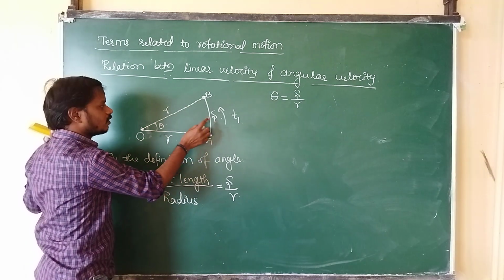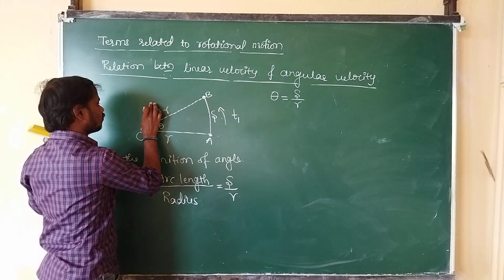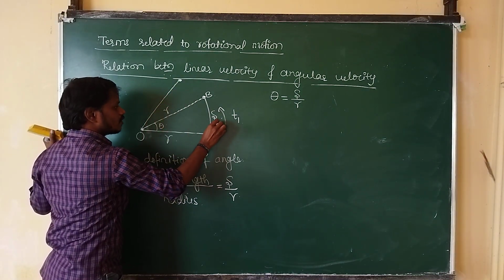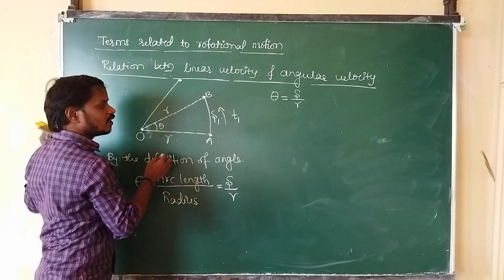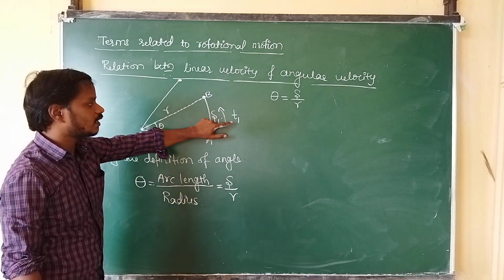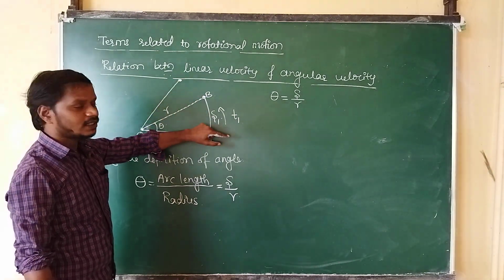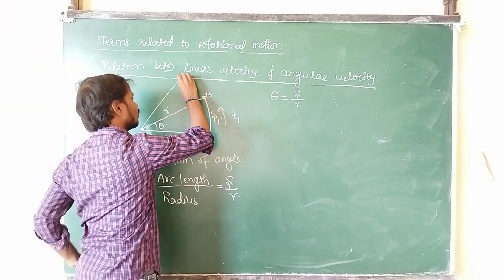That is S1. After time t2, the distance covered by the body from A to B in the time t1 is S1. The distance covered by the rotating body in the time t2 is taken as S2.